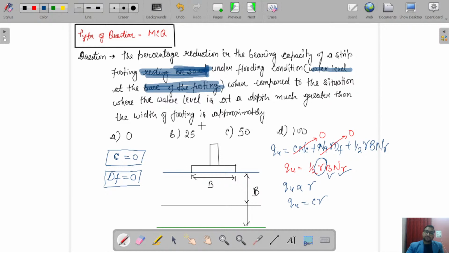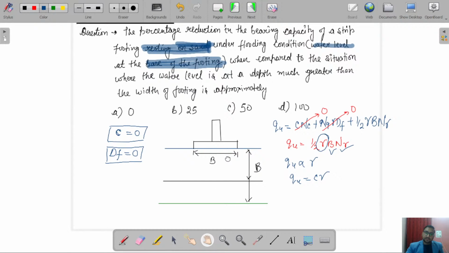Right? So in first case, the water level is much below the ground level. It means at this point, this is our case 1 or condition 1. In the second time, the water level is at foundation level here.